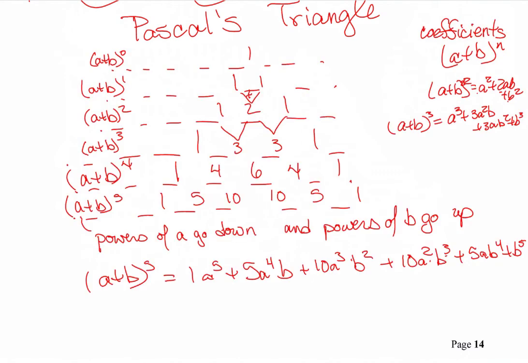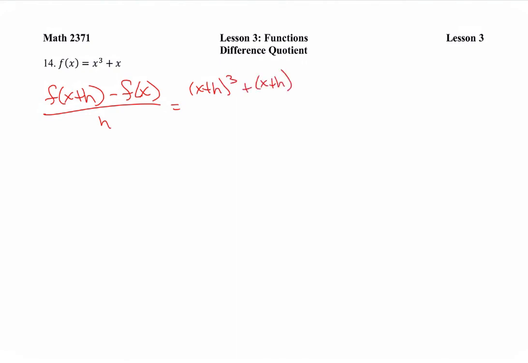All right? So now let's go on to the next one. The next one is a cubic. So how do I find the difference quotient? So f of x plus h minus f of x, all over h. So that is x plus h cubed plus x plus h, because wherever there's an x, I put x plus h, minus bracket x cubed plus x.